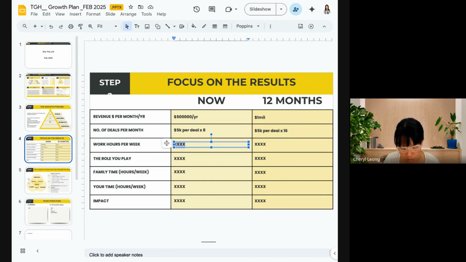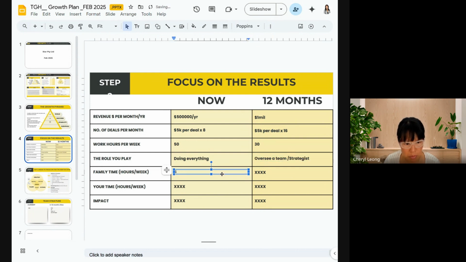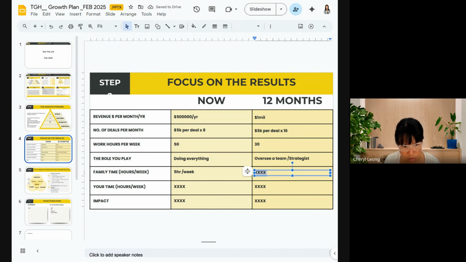The work hours: someone might be working 50 hours. They want to be able to work maybe 30 hours. The role that you play: you're doing everything. You want to be able to oversee a team, be the strategist. Family time: probably not getting much family time, might be 5 hours a week on the weekends, and depending, you might want to have 20 hours a week.